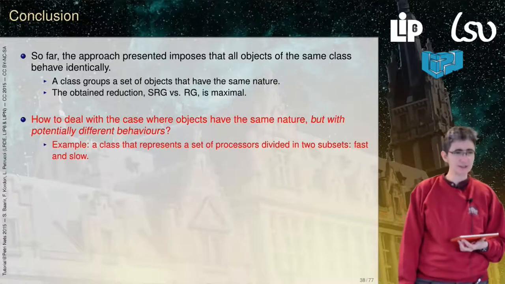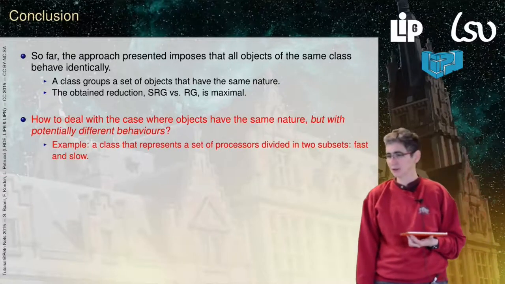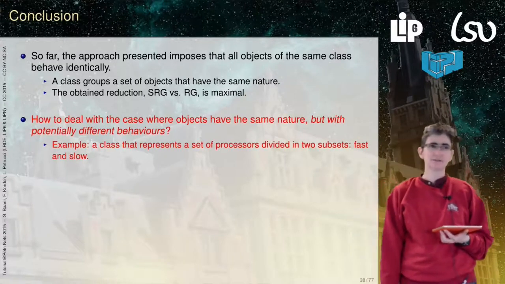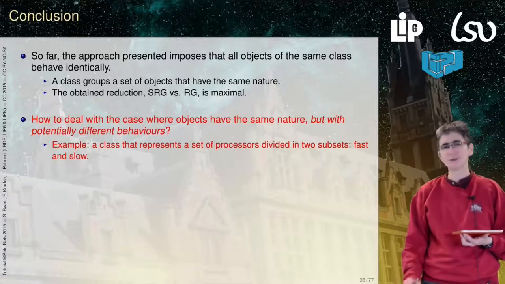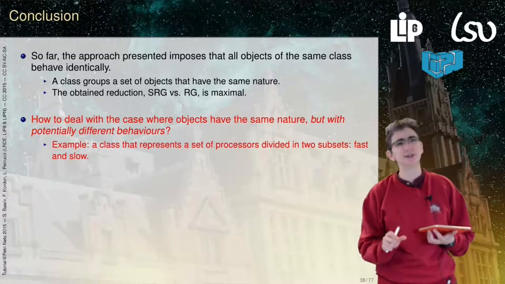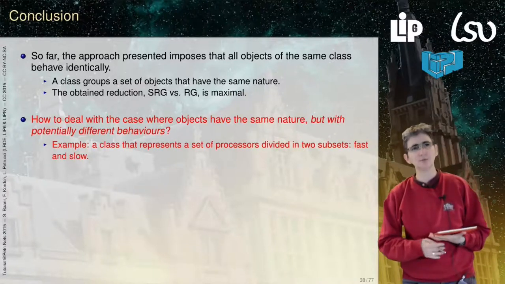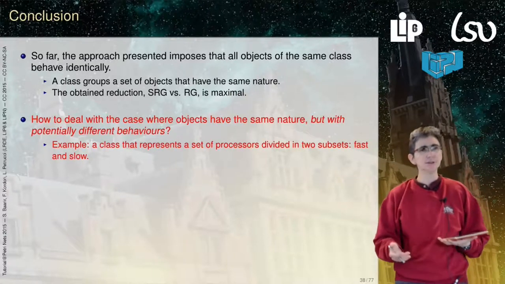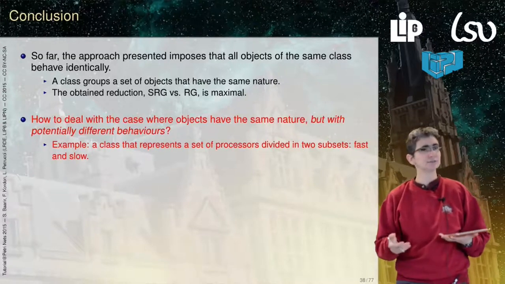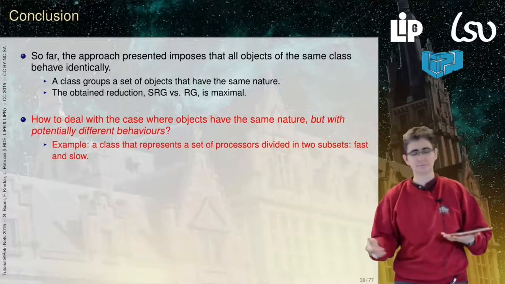But the question is, how can we deal with the case of objects that have the same nature but which have slightly different behaviors? In the examples up to now, we've had objects that were similar and had exactly the same behavior in essence.